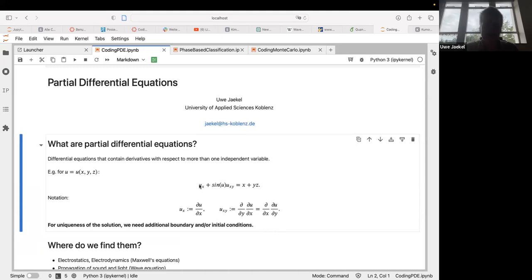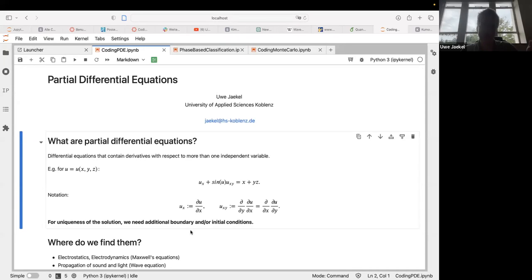So this is a partial differential equation, and yesterday you learned about ordinary differential equations. In order to find a unique solution, you have to assume boundary or initial conditions, or a combination of both. When we talk about initial conditions, we usually think of one of the variables as a time variable, and for the spatial variables, we would rather call them boundary conditions.